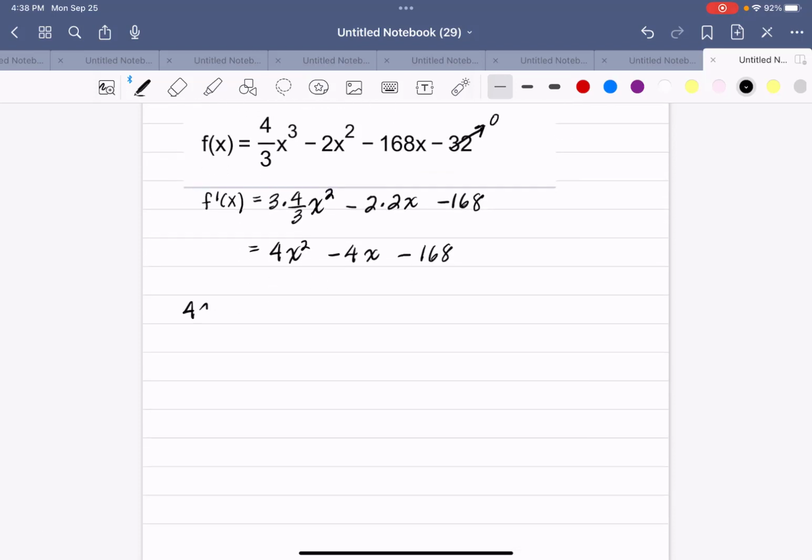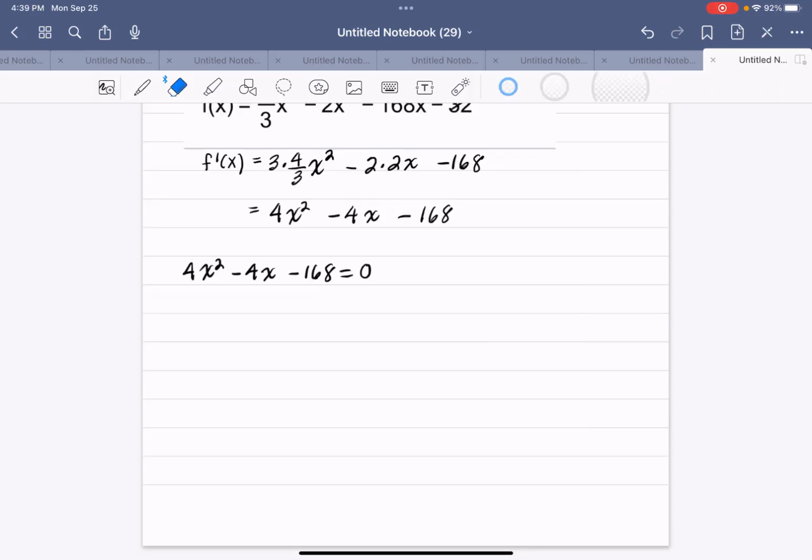So when I set it equal to 0, I will most likely get 2 unique solutions. And so I notice that each of these terms has a common factor of 4, and as long as I divide all terms on both sides, I can do that.